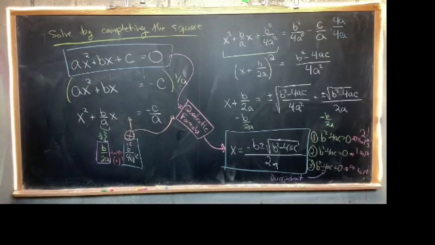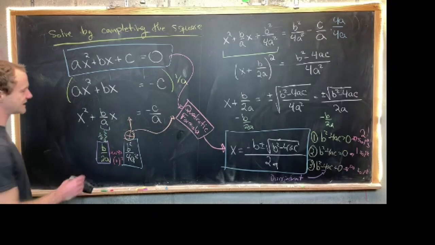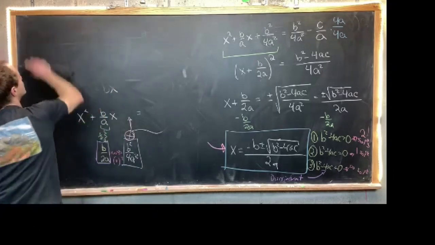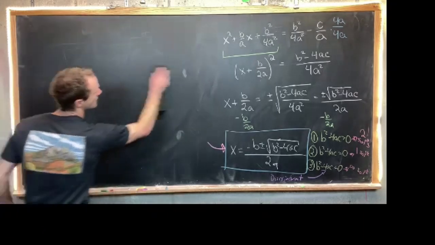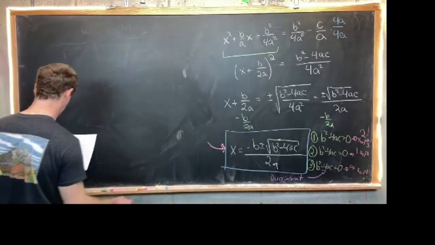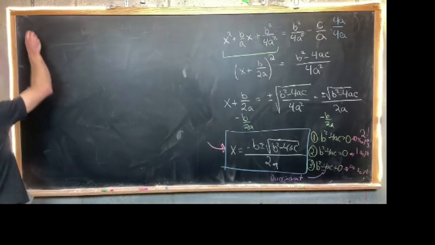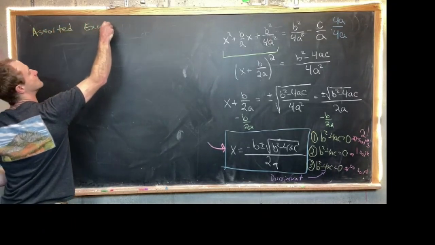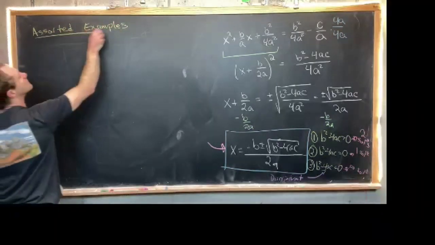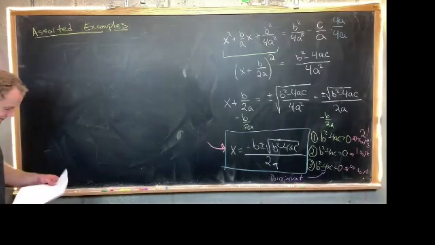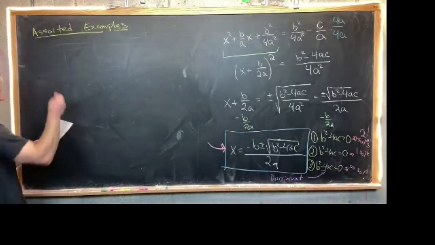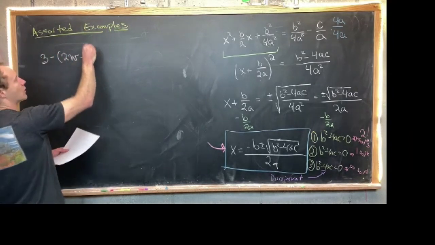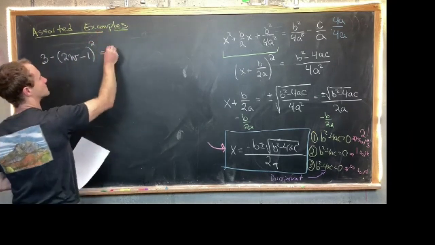Okay, good. So now let's do a couple of assorted examples. Some of these will involve the quadratic formula and some of them will involve factoring. So let's say maybe we'll do this one first: 3 minus the quantity 2w minus 1, squared, equals 0.